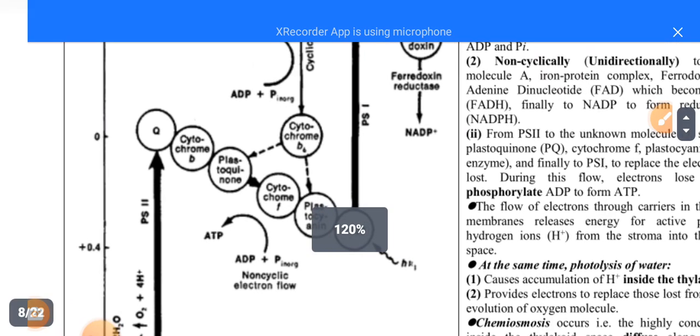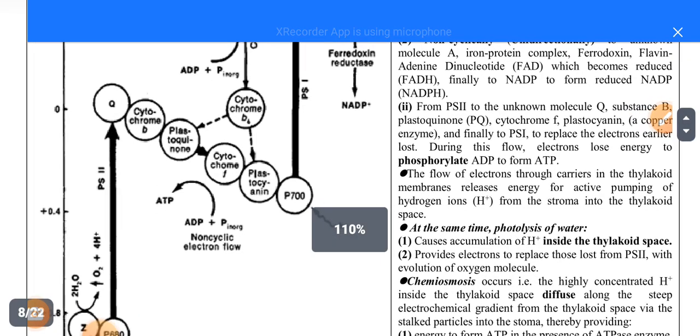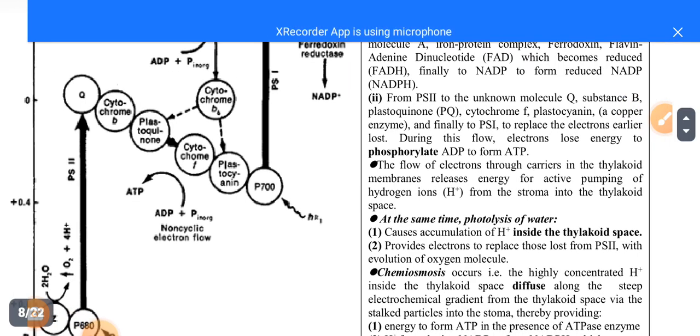Then from there to the substance B, that is the cytochrome B. From cytochrome B to plastoquinone, which is P2, then the cytochrome F, then from there the plastocyanin, which is a copper enzyme, and finally to PS1, where there is P700. Now to replace the electrons earlier lost during this flow, electrons lose energy to phosphorylate ADP to ATP.